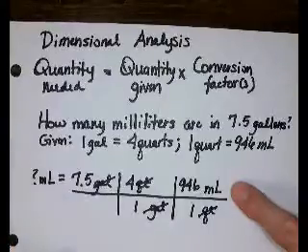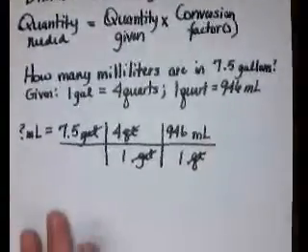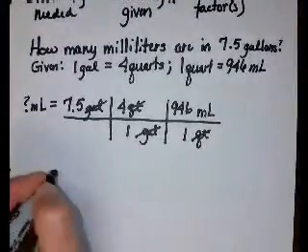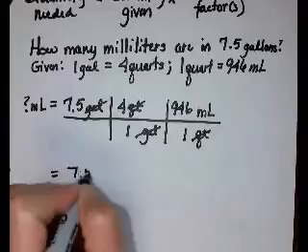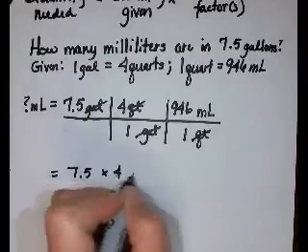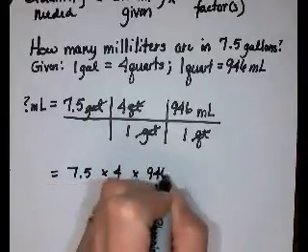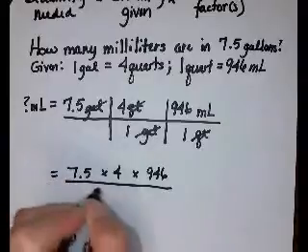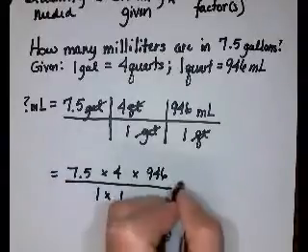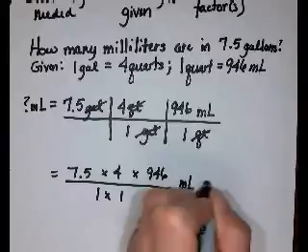I need to stop now and do the math. So I multiply 7.5 times 4 times 946, and I divide all of that by 1 times 1. My unit is milliliter.